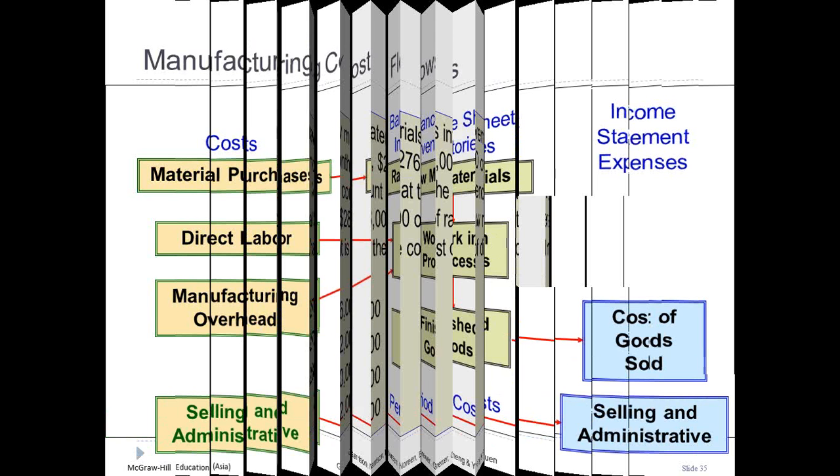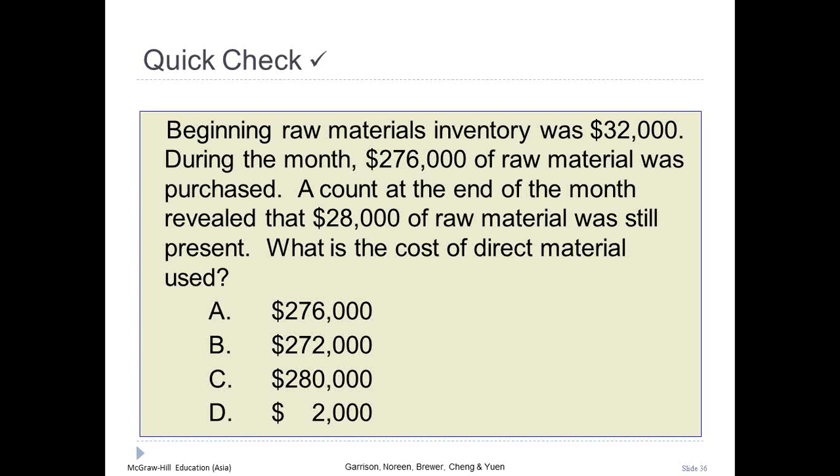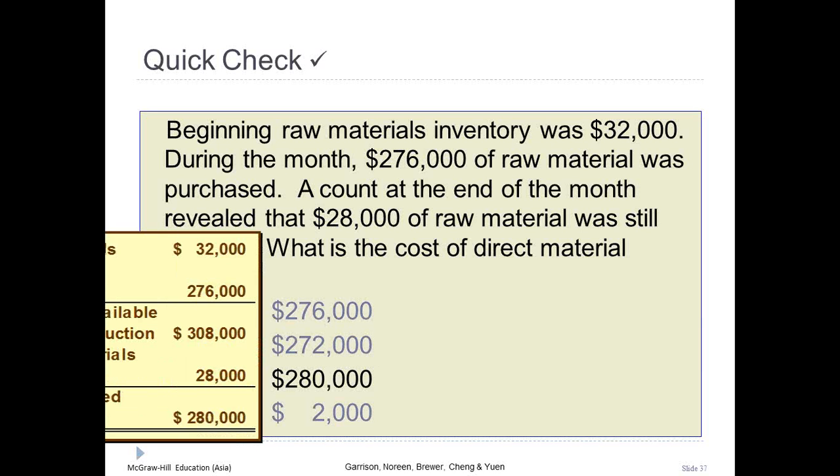So let's check. Beginning raw materials inventory was $32,000. During the month, $276,000 of raw material was purchased. That account at the end of the month revealed that $28,000 of raw material was still present. What is the cost of direct material used? $280,000.